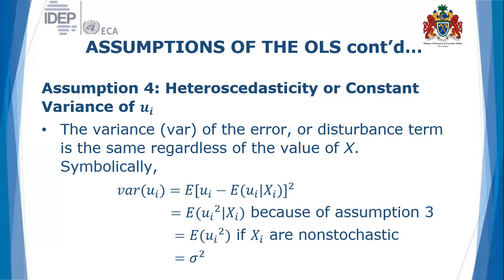This will give us the variance. So here, the key point is that the variance of the disturbance term or the error term remains the same, or is constant, regardless of the values of x.